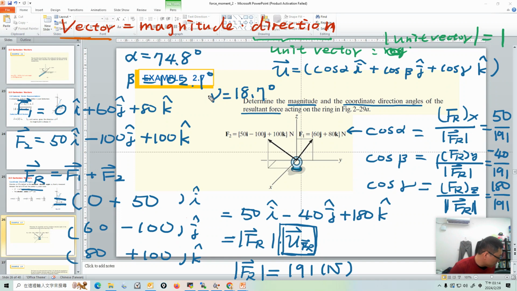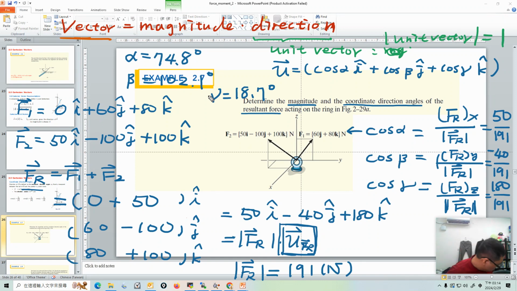Let me check the answers. Why is gamma a little different? Gamma is 19.